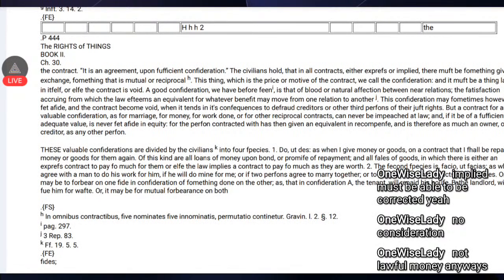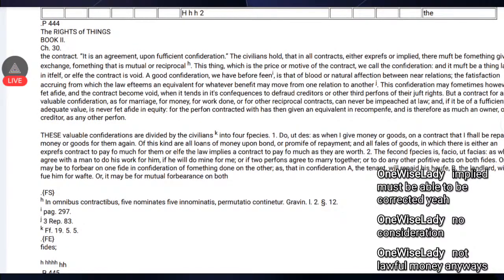as when I agree with a man to do his work for him, if he will do mine for me, or if two persons agree to marry together, or to do any other positive acts on both sides. Or it may be to forbear on one side in consideration of something done on the other, as that in consideration A, the tenant will repair his house, B, the landlord will not sue him for waste.